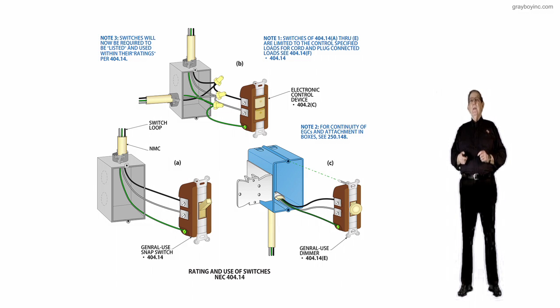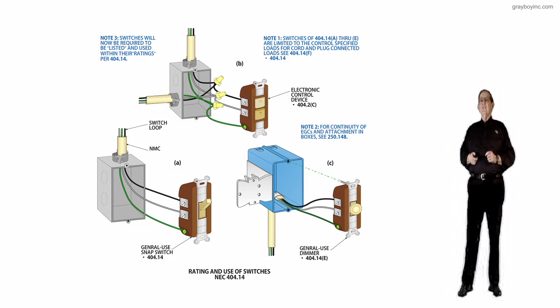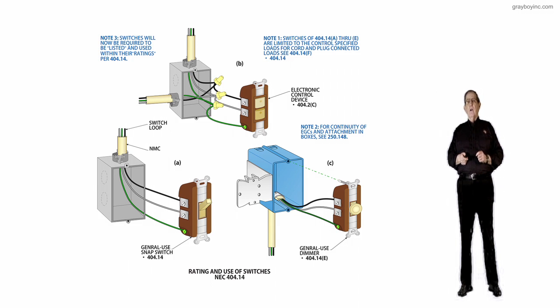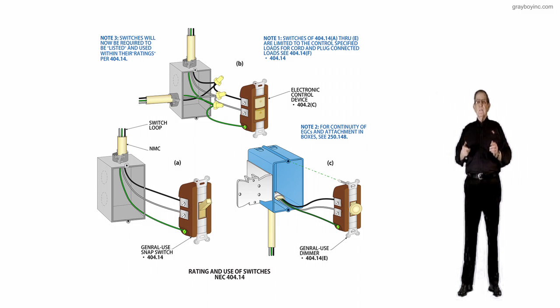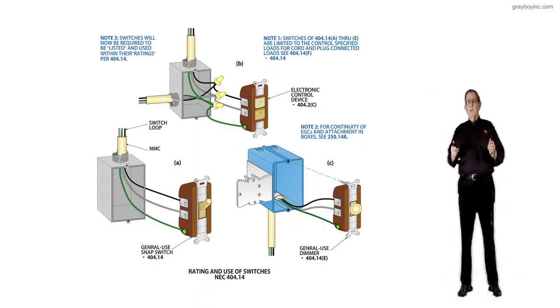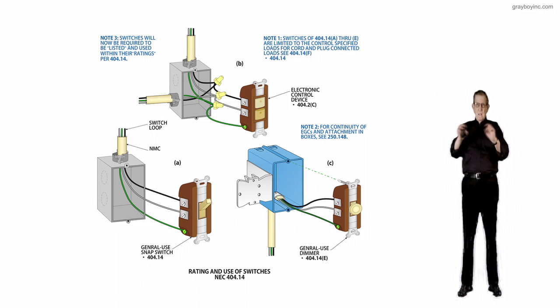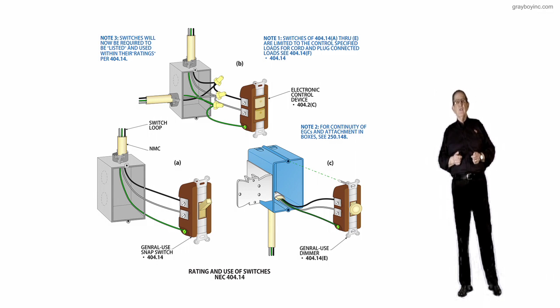Now, at the very top, we have an electronic control device, 404.2(C). Notice that's what this revision is all about, to make sure these items are included in the NEC 404.14 section.